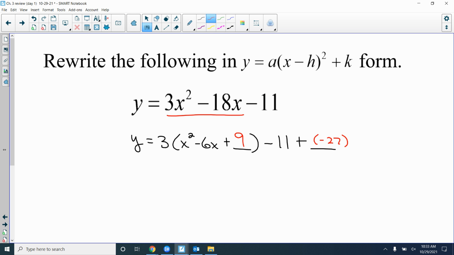So we're really not changing it, it's still going to be worth the original equation if you would multiply everything out. You still got to get 3x squared minus 18x minus 11. But we're just changing its form. And so I got y equals 3 times x minus 3 squared minus 38.